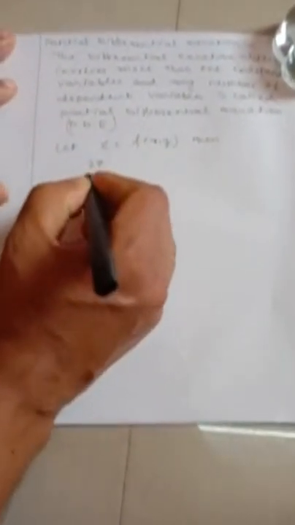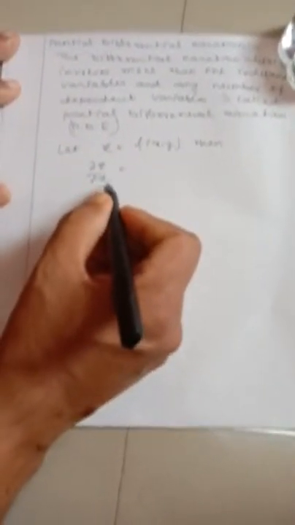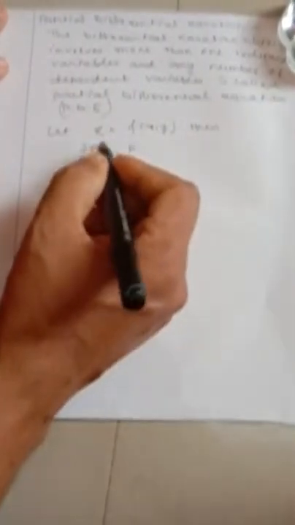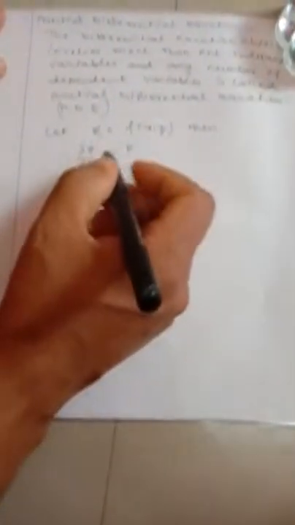If we consider z as a function of x and y, then dou z by dou x is nothing but the partial derivative of the dependent variable z with respect to the independent variable x. Hereafter we denote dou z by dou x as p. Why do we say it is a partial derivative? Although there are two independent variables, we are differentiating with respect to only one independent variable.